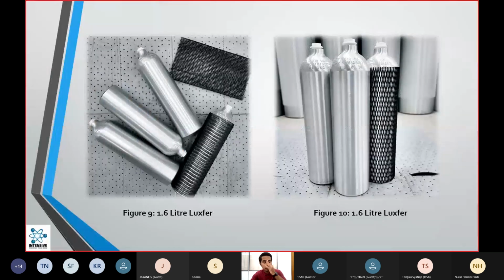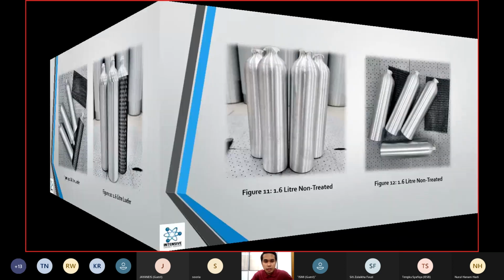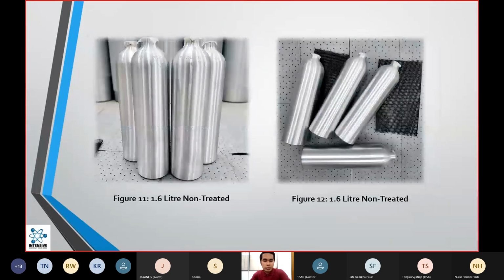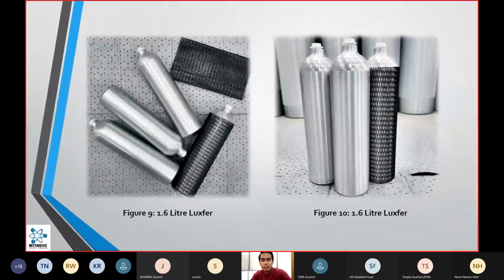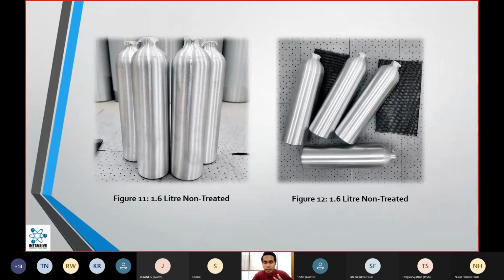Usually this one is 1.6 liter, and 1.6 liter we also call a disposable cylinder. This one is a Luxfer, and this one is non-treated. That means the Luxfer is the coated, and this one is just the normal, non-treated disposable cylinder.